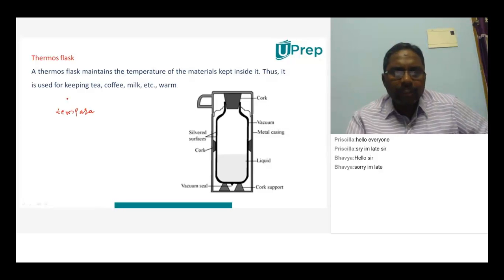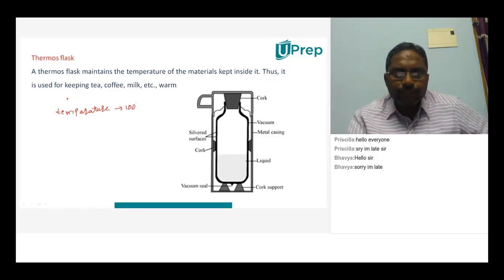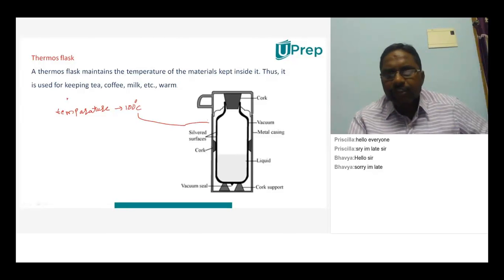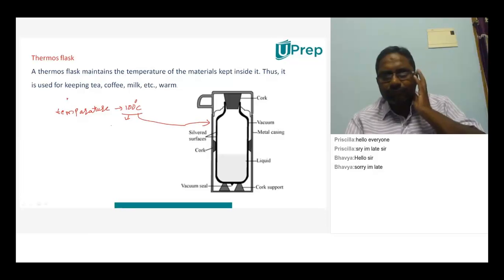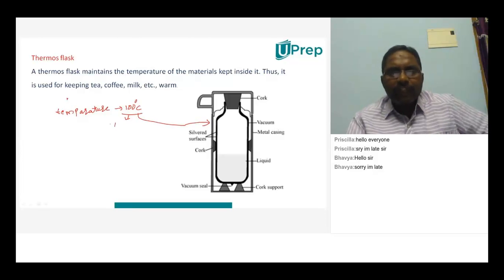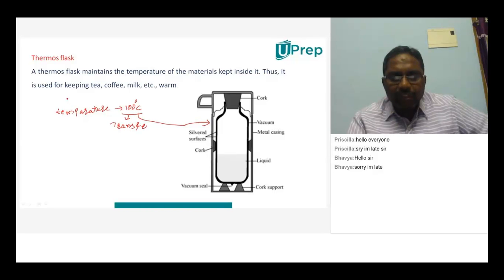Suppose I poured tea at 100 degrees Celsius, and it must remain at the same temperature, so I used this thermoflask. To keep this temperature constant, what must not be there? Conductors must not be there. Very good. There must not be any transfer of what? Heat energy.